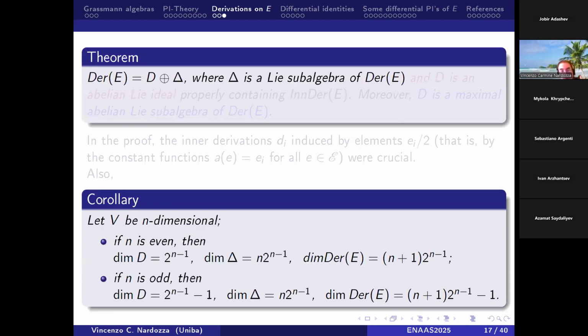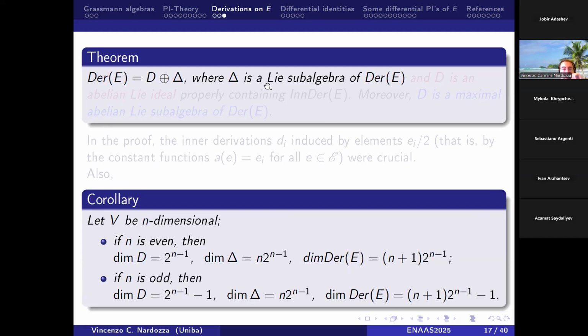What can be proved is that the set of derivations of E is the direct sum of D plus delta, and this is known from what I just said so far.